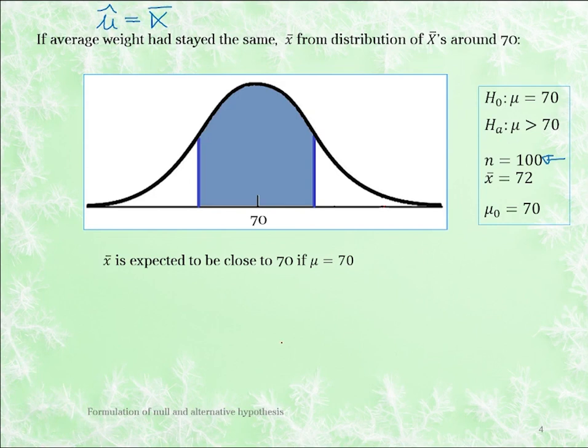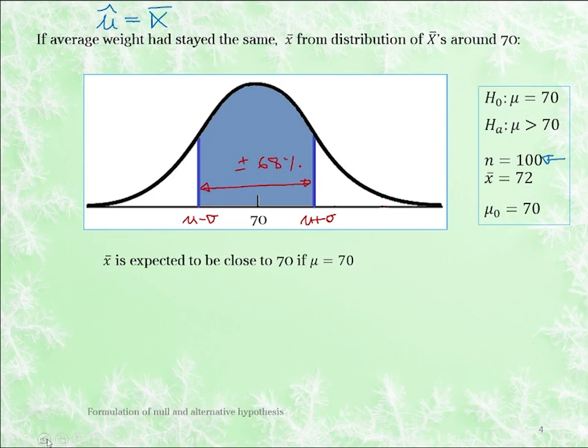Now, the empirical rule that you did last semester tells you that within one standard deviation of the mean, so the mean plus one standard deviation and the mean minus one standard deviation, we don't know what sigma is in this case, but we're not going to worry about that right now, we expect roughly 68% of our observations.